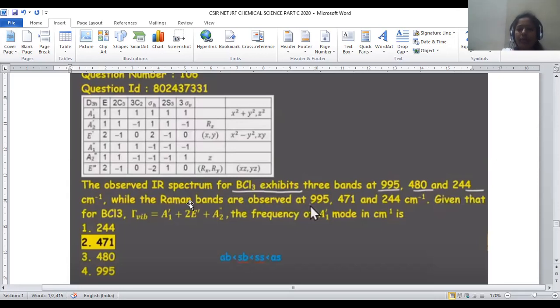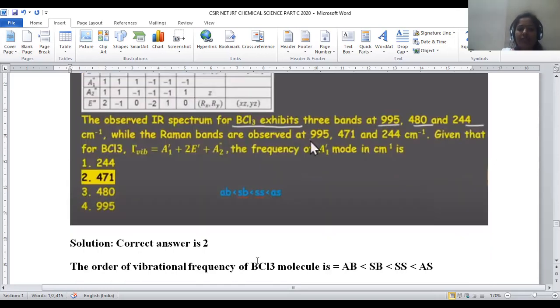Bending vibrations are always lower in energy compared to stretching vibrations. So from this data, it is very obvious that 995 corresponds to stretching vibrations and 244 corresponds to bending vibrations. It is very clear information provided in IR and Raman as well, right?